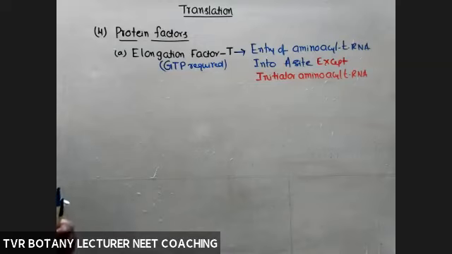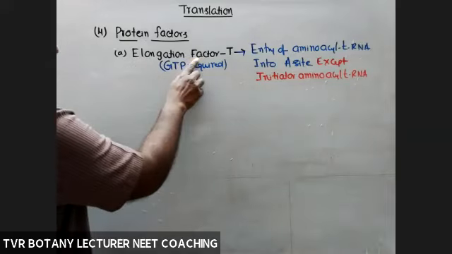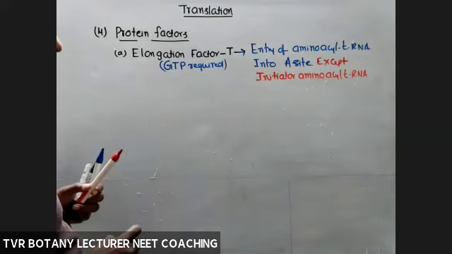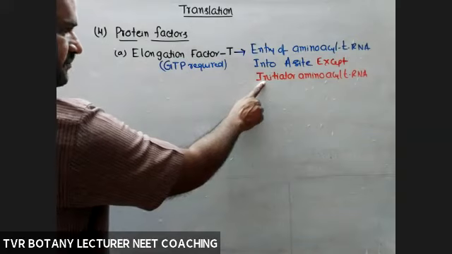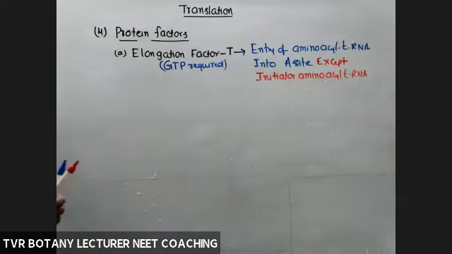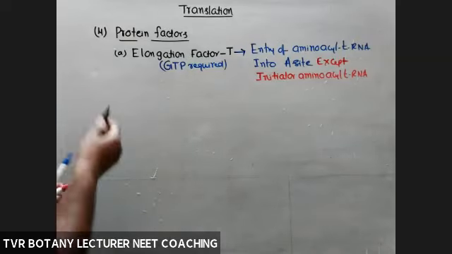All amino acyl tRNAs take help from elongation factor T for their entry into the A site, except the first one. The first one moves directly into the P site. We will see that at the time of the mechanism of translation.